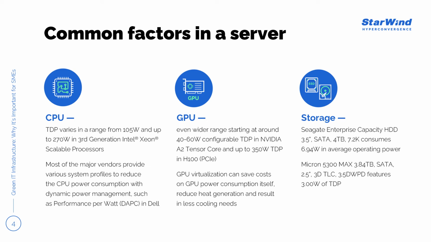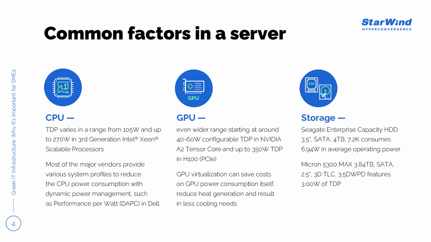Now, the other thing behind CPU power consumption and its reduction is basically the technology that various vendors and CPUs themselves have. A lot of modern CPUs, especially of Intel, have a lot of features that can optimize power consumption when the CPU is idle.